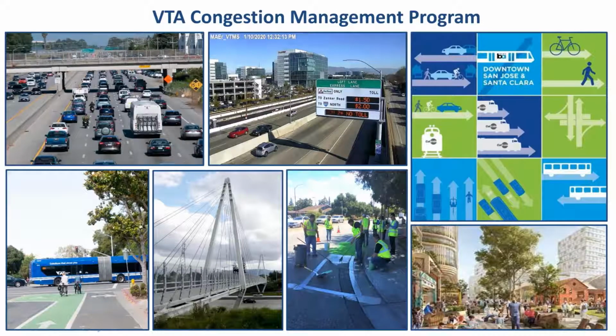So on the congestion management side, VTA has a multimodal program to support California's greenhouse gas emissions and vehicle miles traveled reduction goals. That includes an express lanes and toll systems program.